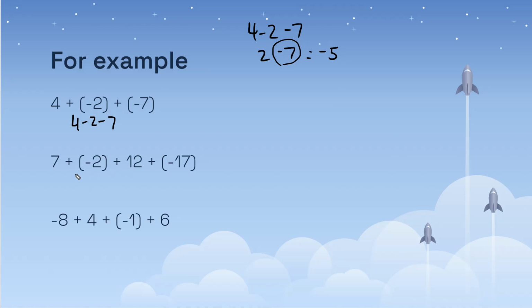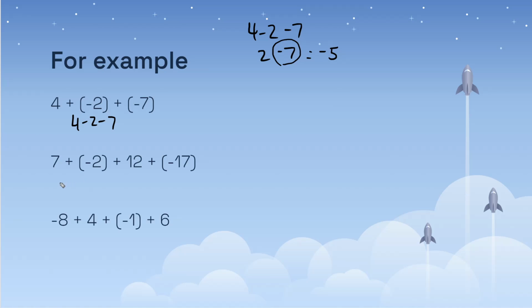Here we go again. Remember that with adding, even if you're adding negative numbers, you can commute them. You can move them around as you wish. So, oops, I didn't mean to delete all of that.